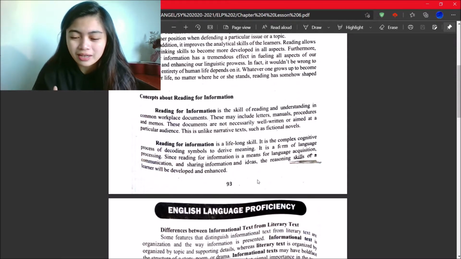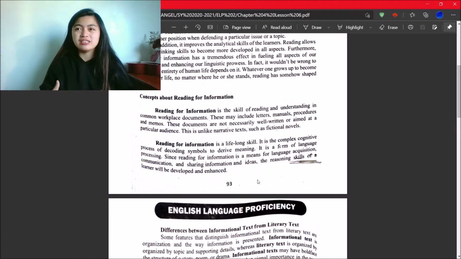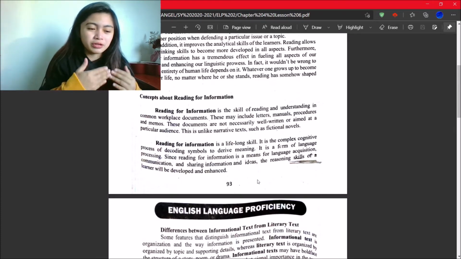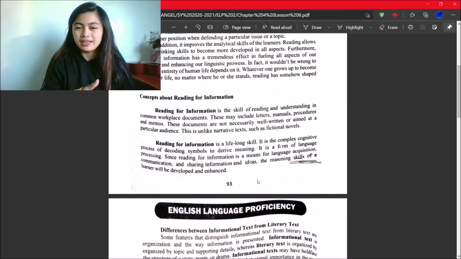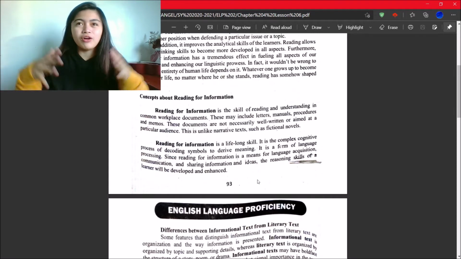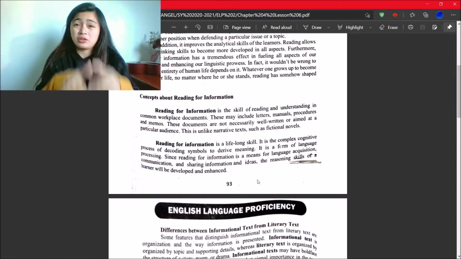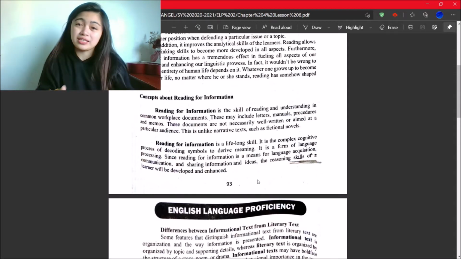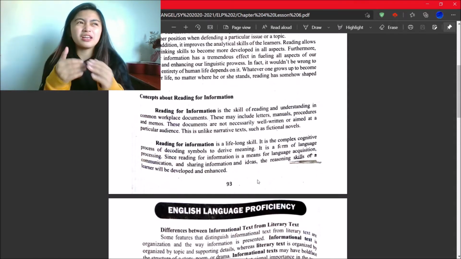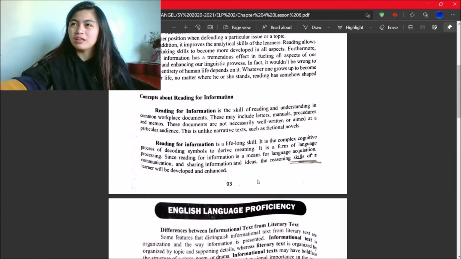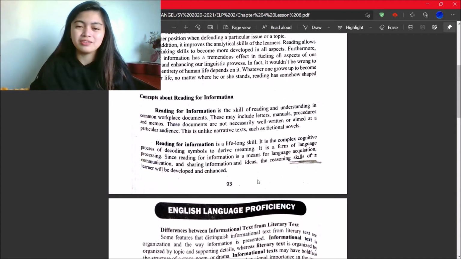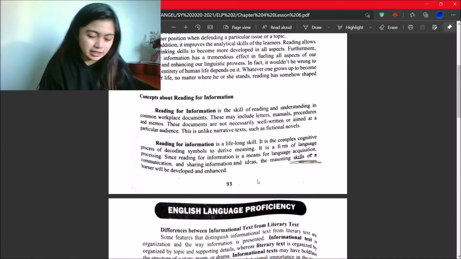So it gives us the patience to read more and to really understand what we are reading. You can have all the knowledge that you want, but you cannot just have it all at once. So reading teaches us that. Okay, so you cannot just read in one sitting and then know everything. So kaya it is a lifelong skill.